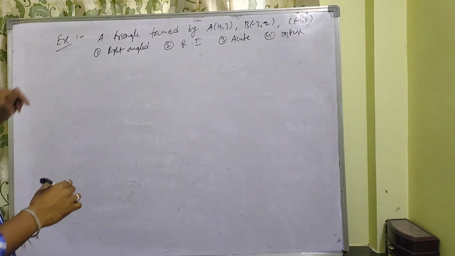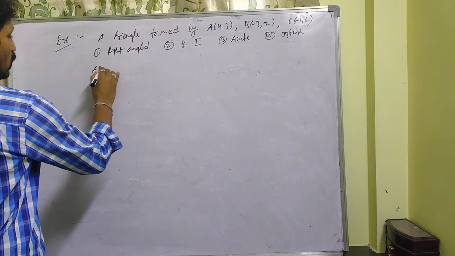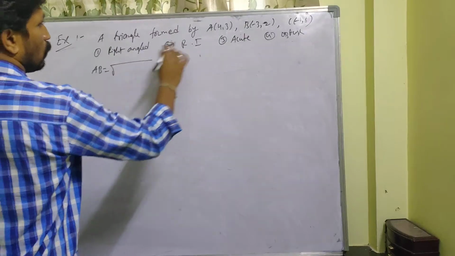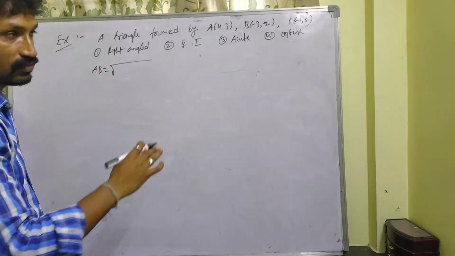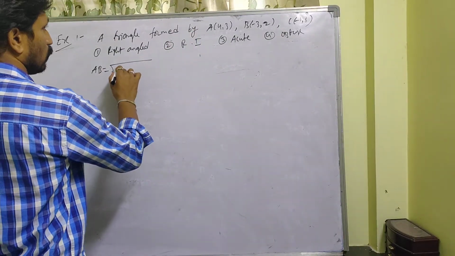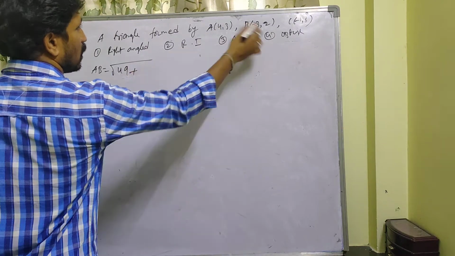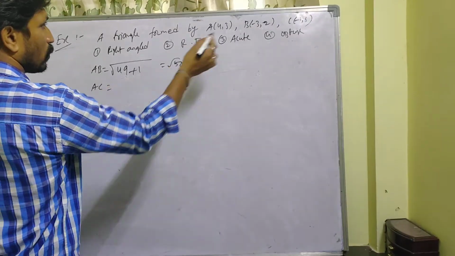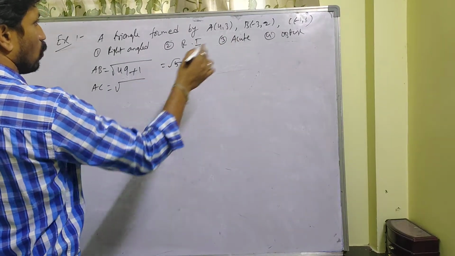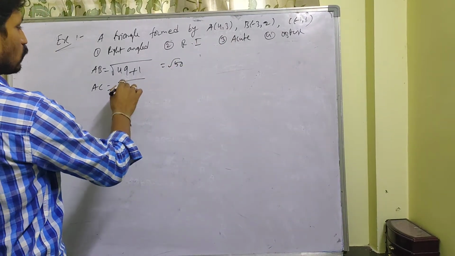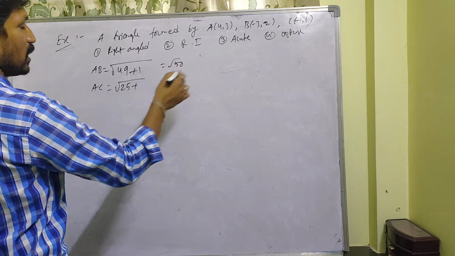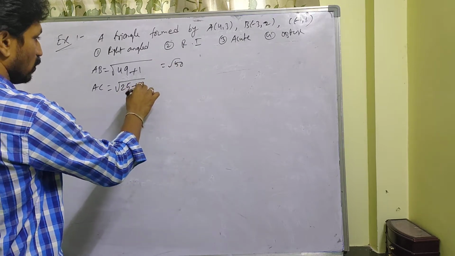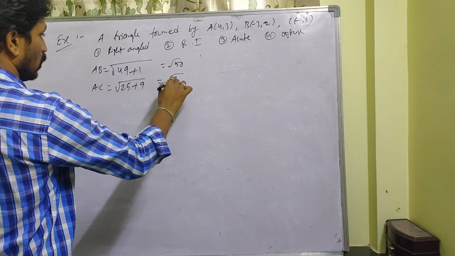First we have to find AB, the distance between these 2 points. 4 plus 3 whole square, that is 7 square, 49, plus 3 minus 2 whole square, 1, that is root 50. Next, AC: root over 4 plus 1 whole square, that is 25, plus 3 minus 6 whole square, minus 3 whole square, 9. 25 plus 9, root 34.